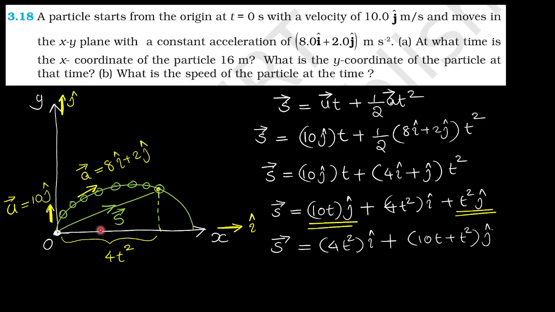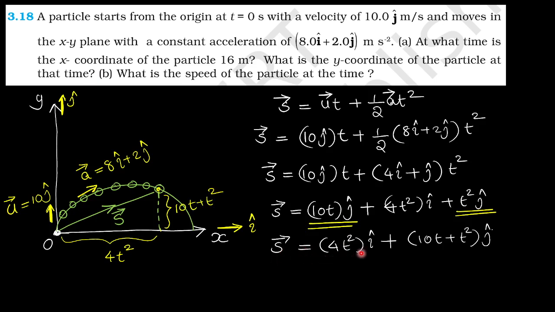I mean the displacement consists of 4t square along i direction, and 10t plus t square along j direction. That is the meaning.